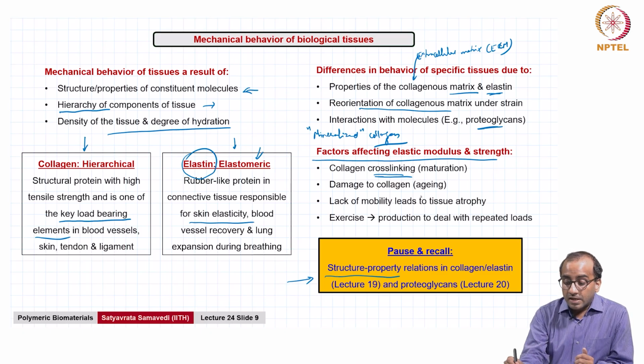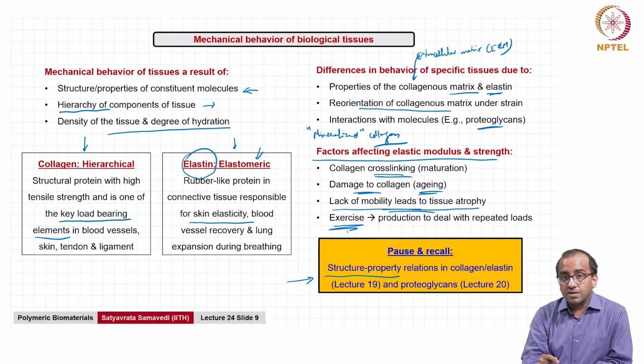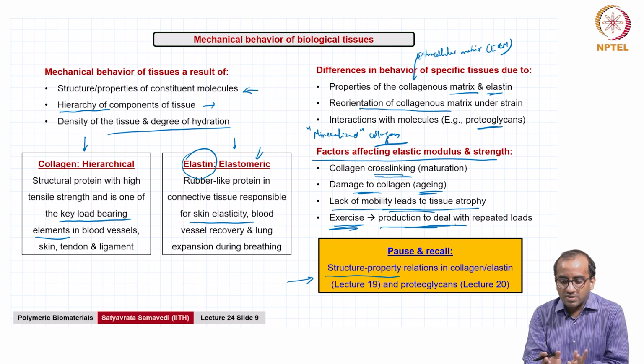Whereas, in contrast, during aging, damage to collagen can lead to weakening of these properties. And likewise, lack of mobility can lead to tissue atrophy, whereas exercise within some constraints can lead to more production of some of these extracellular matrix components to deal with repeated loads, right? Muscle building, for example, relies upon some of these ideas.